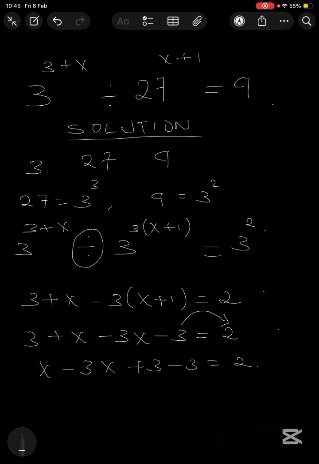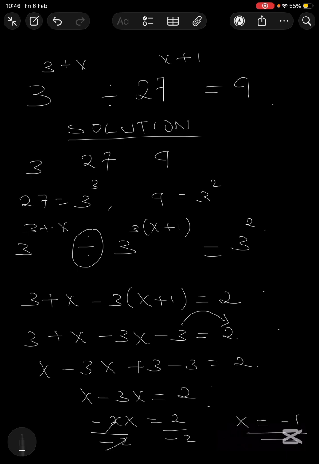So it is x minus 3x plus 0, since 3 minus 3 becomes 0, equal to 2. Next, x minus 3x is negative 2x, equal to 2. Make x the subject, so divide by negative 2. So x is equal to negative 1.